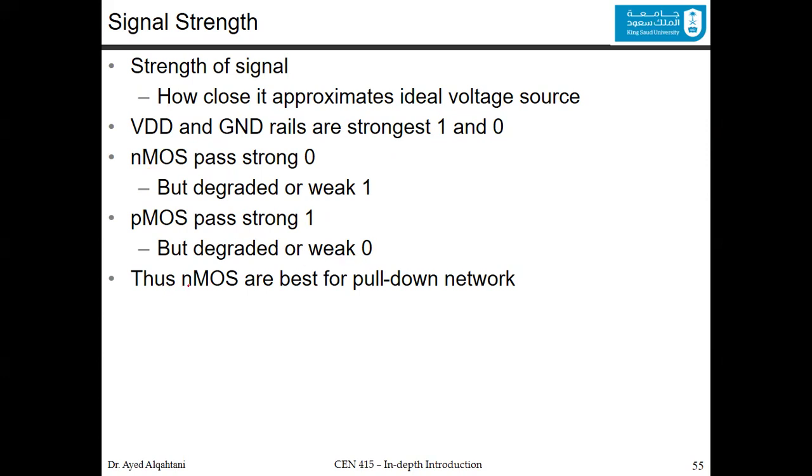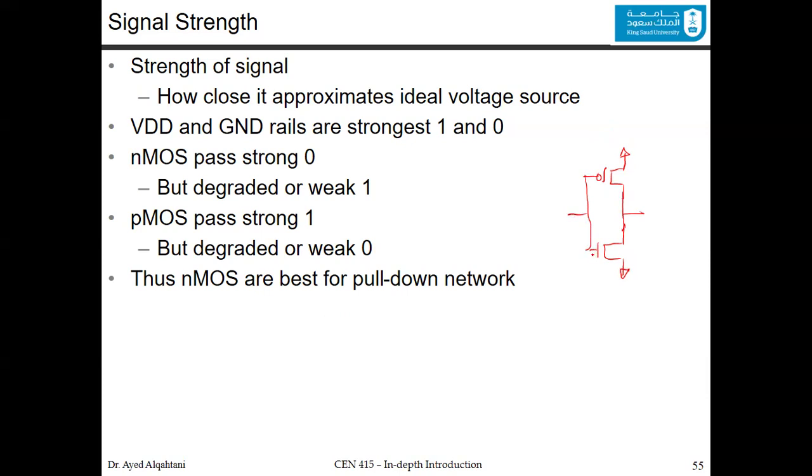Because of this, the NMOS are best for a pull-down network, and the PMOS are best for the pull-up network. If you remember the inverter that we discussed, the PMOS is on the top, and we have the NMOS in the bottom, because one is connected to the ground and the other is connected to the VDD, and those two are connected to the output, and this is the input.